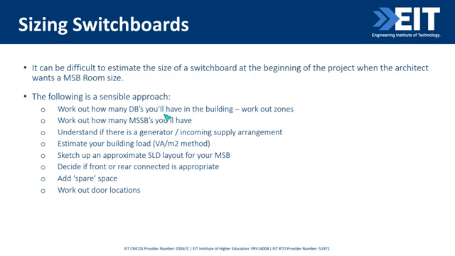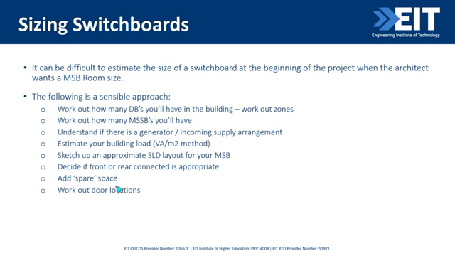And using all of these dot points, you could sketch out what your single line diagram for your main switchboard may look like. Then it's up to you to decide if you want a front connected or a rear connected board, like we've spoken about. Essentially, it would mean a longer but narrower board or a shorter but wider board.